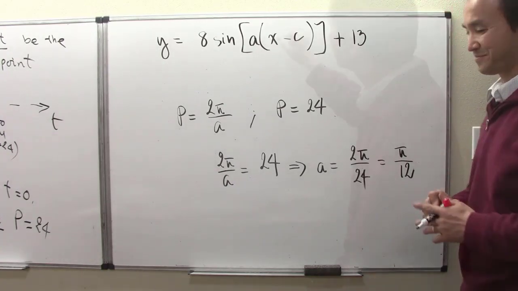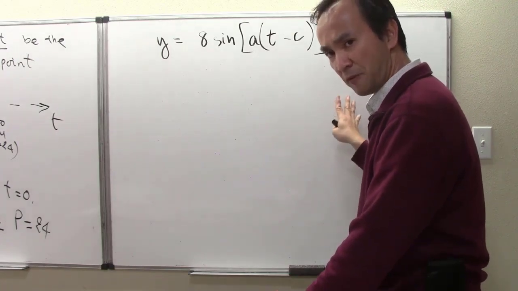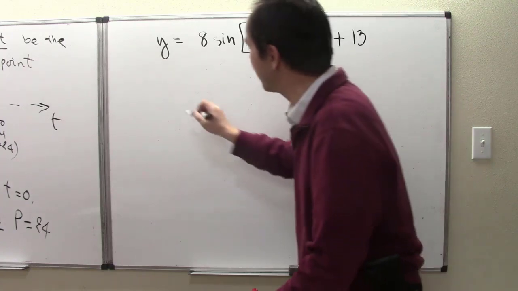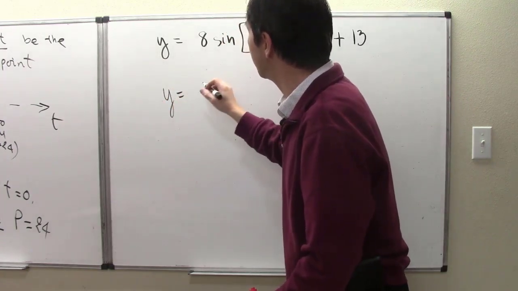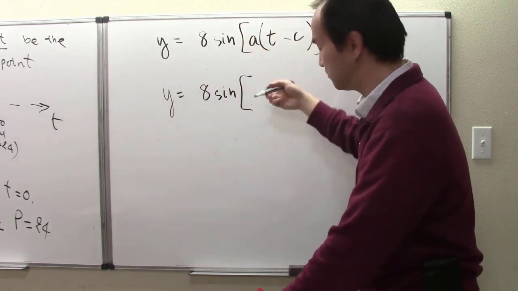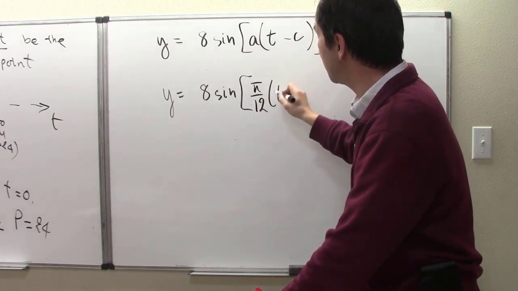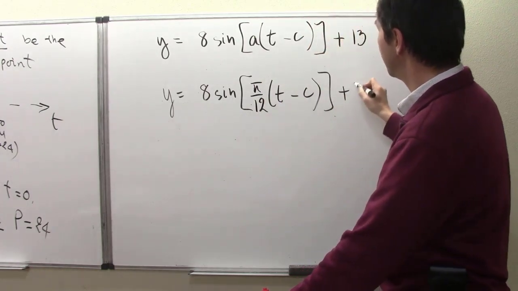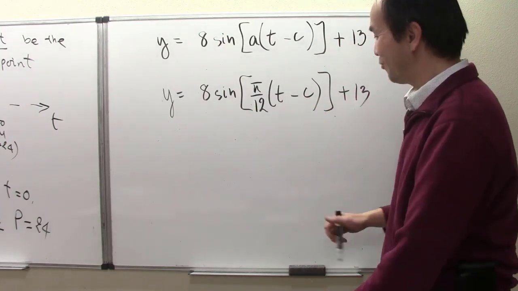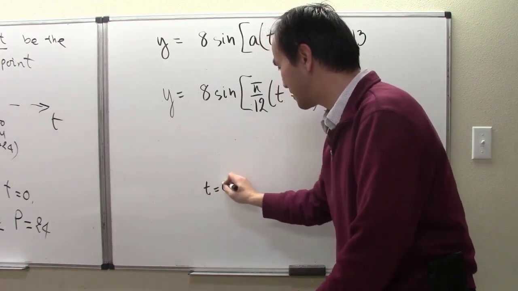All right. After we have solved for the value of a, now we have more value to complete into our equation. So y equals 8 sine of, now a is found to be pi over 12, so we're looking at pi over 12 times t minus c, where we have been understanding that c is the indication of the starting point. And we have chosen, as I listed on the other board, that the starting point is t equals 0.